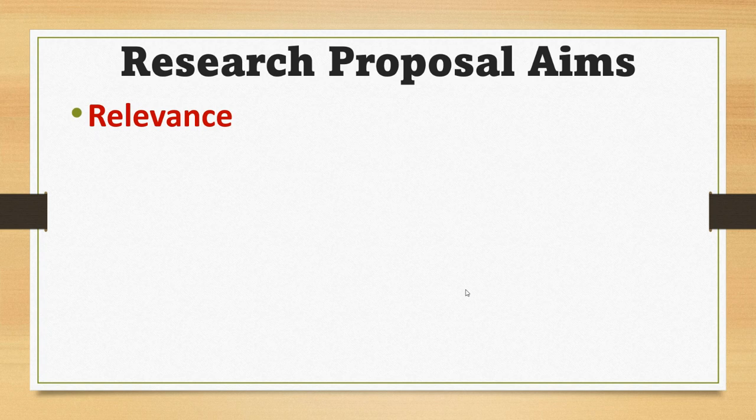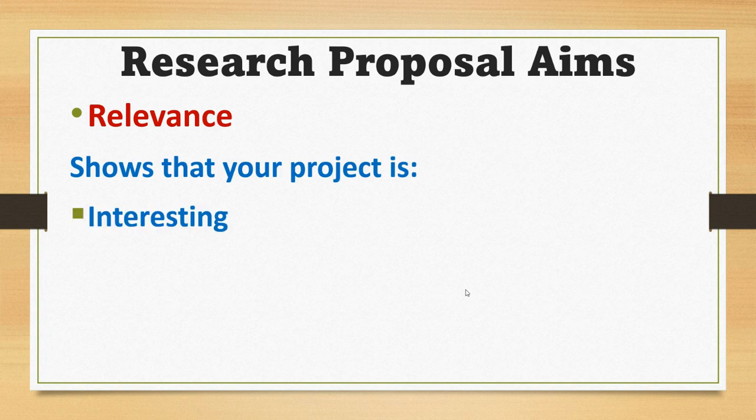The relevance shows that your project is interesting, that you have proper knowledge of the research project which you are going to design or adopt during your studies, or in any company, or for any country or institution.